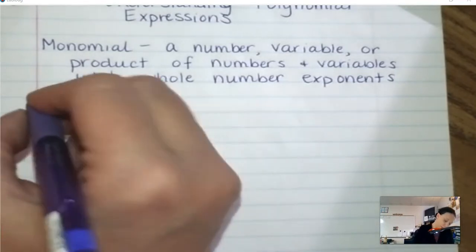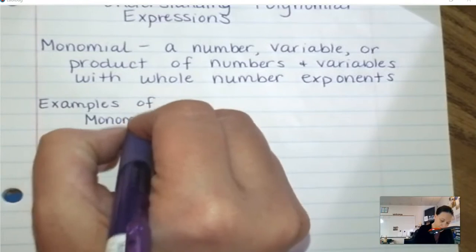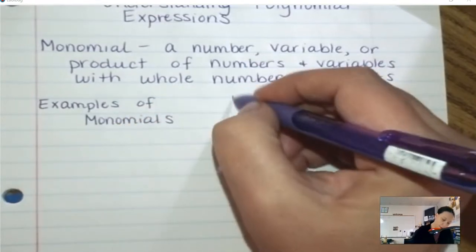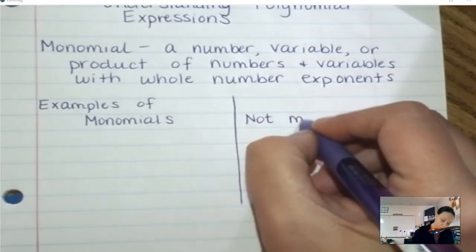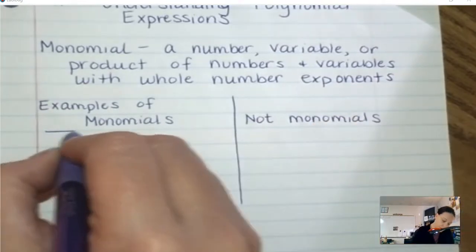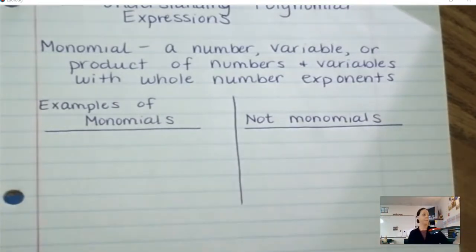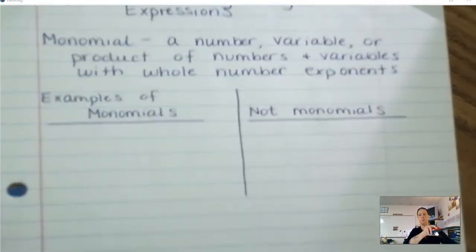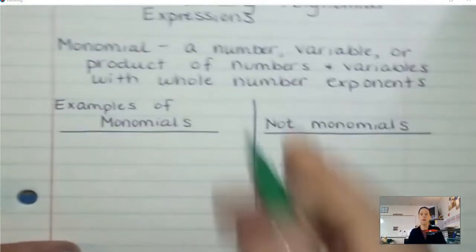And I'm going to give you some examples of monomials. And then I'll give you examples that are not monomials. So a monomial can be a number.